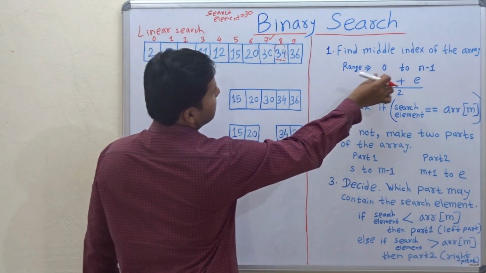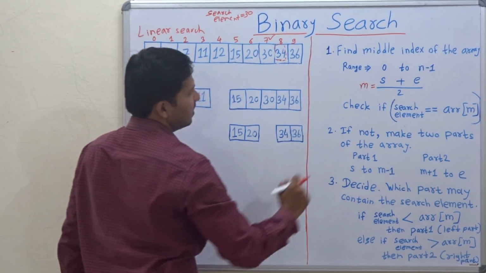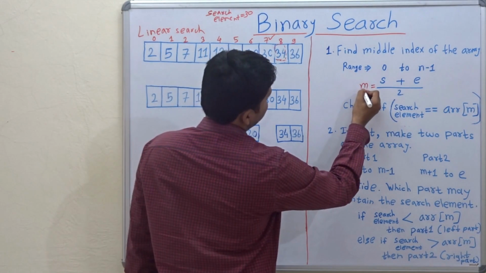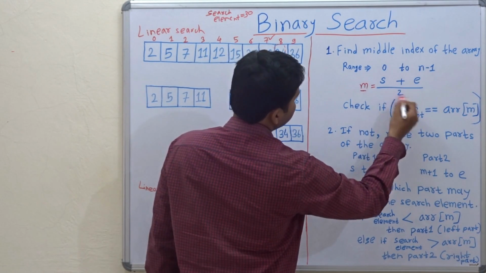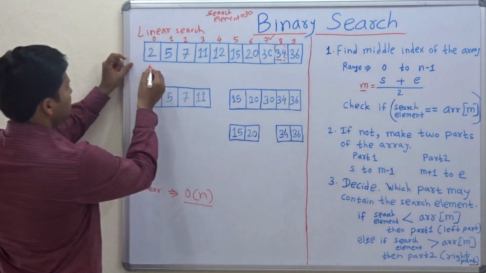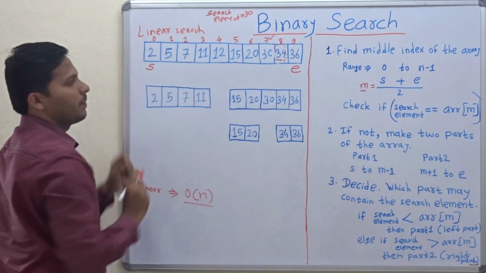See, your range is 0 to n minus 1. If there are n elements in the array, then 0 to n minus 1 is your range. So the middle index m is equal to (s plus e) by 2. What is s and what is e? s is the starting index and e is the ending index.